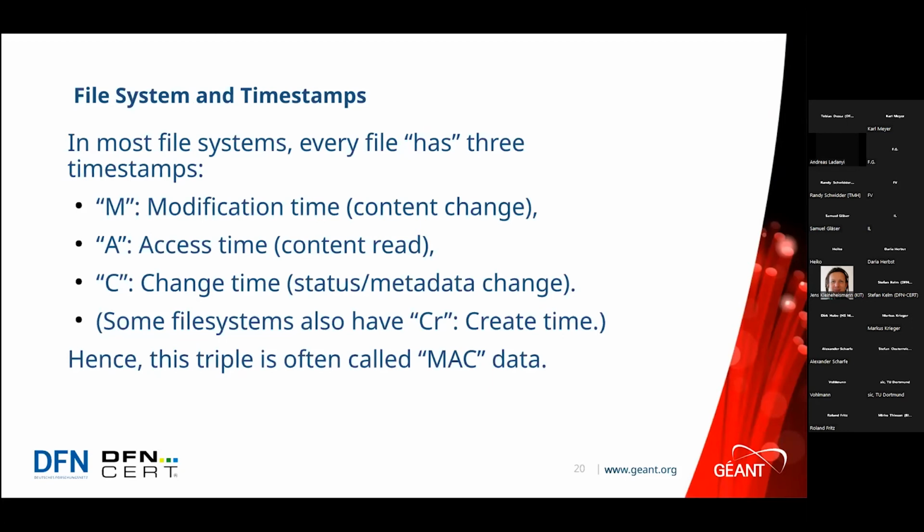So, for instance, ownership or permissions or so. Sometimes there's also crtime, create times, most notably on NTFS and ext4. But in general, you'll see MAC times. So this is called generally MAC data.